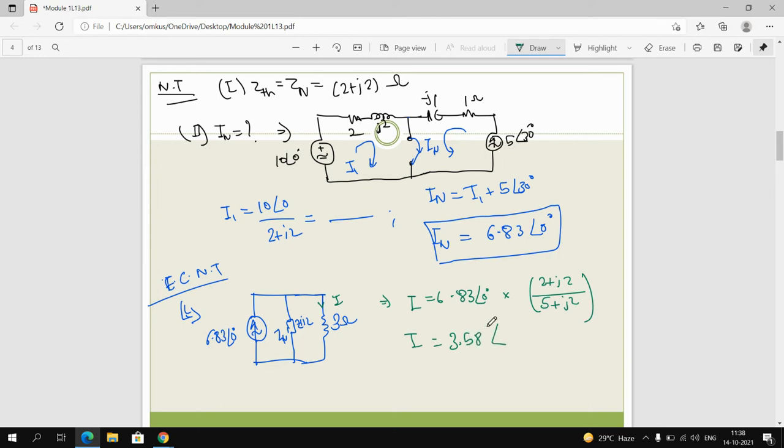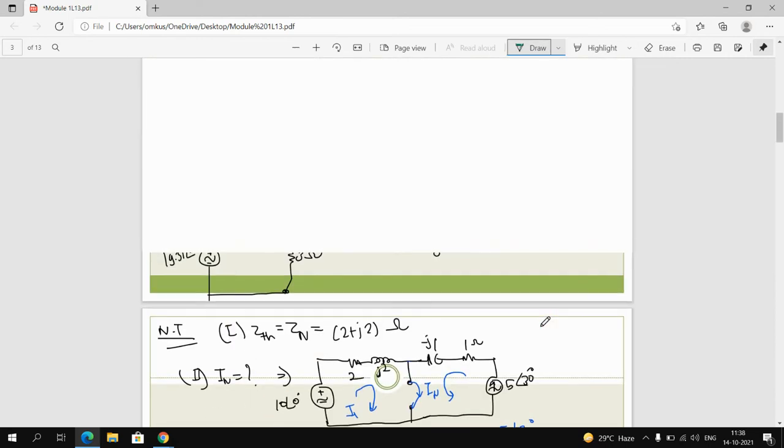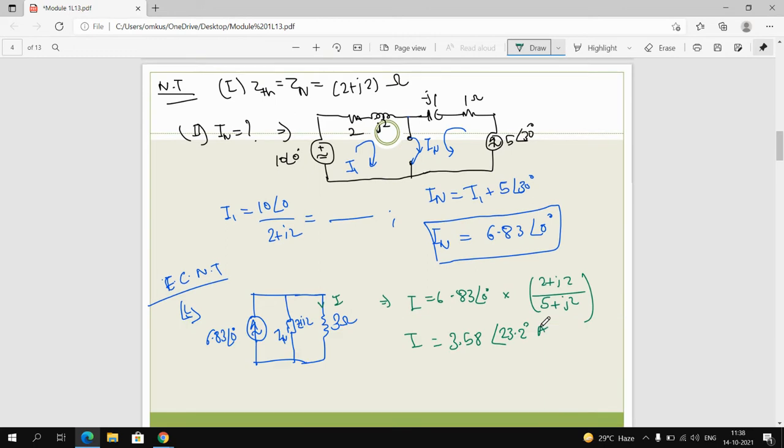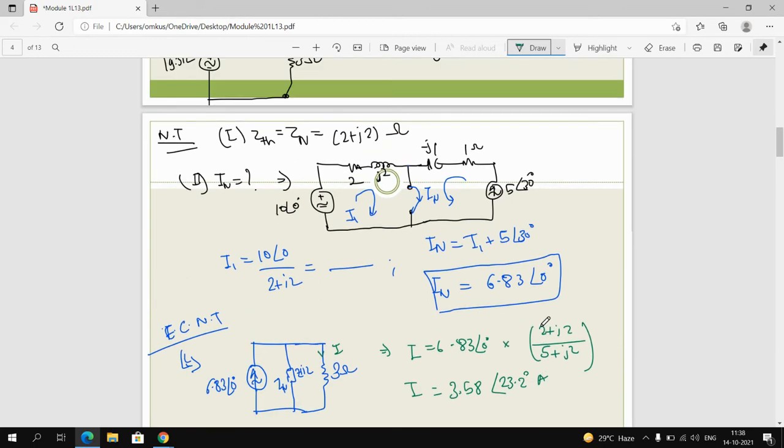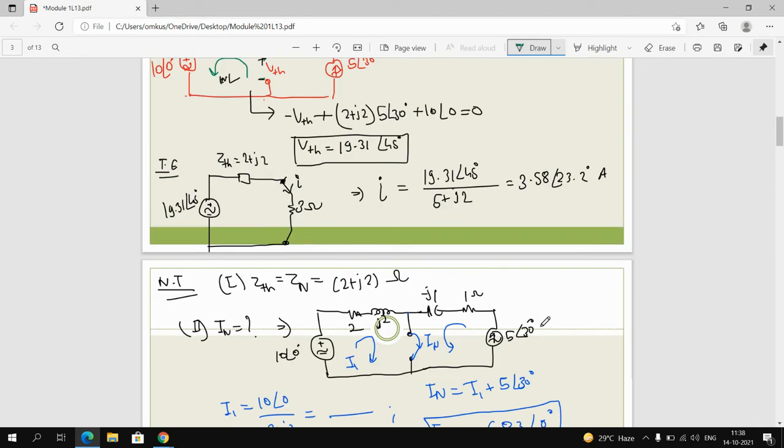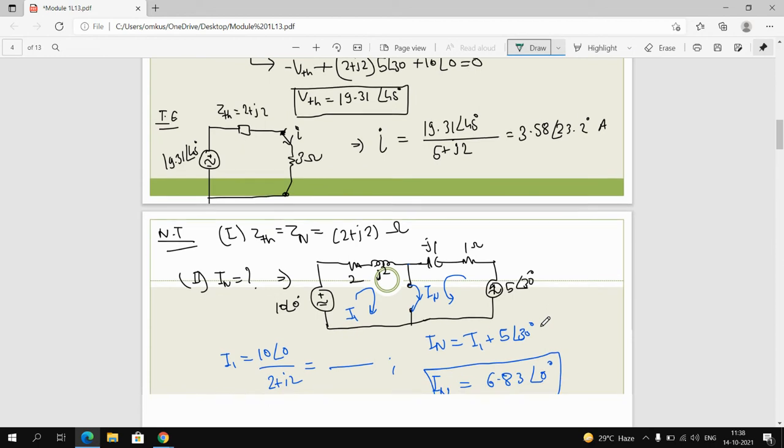At an angle of 23.2 degree. So that is all about how to proceed with these theorems in AC circuit analysis. The process is the same, but here you need to take care of the value of capacitance and inductance, and cautiously put those values in your equations.